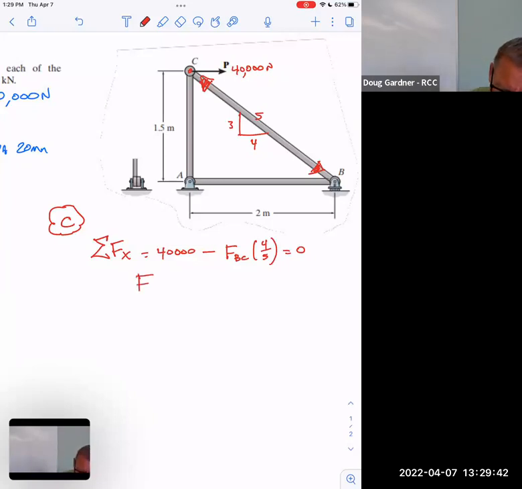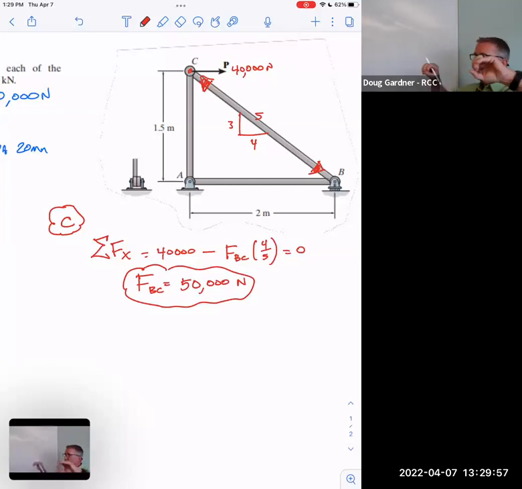And so now I can calculate force BC, which is 50 kilonewtons or 50,000 newtons. So that bar is basically being smashed. It's being compressed. We call that compression. That's a lot of force.